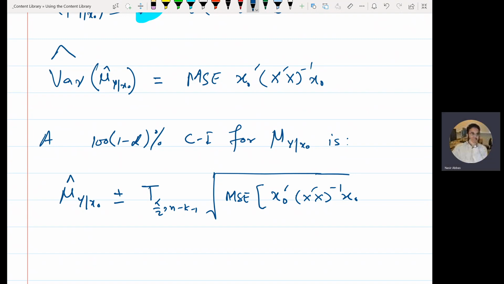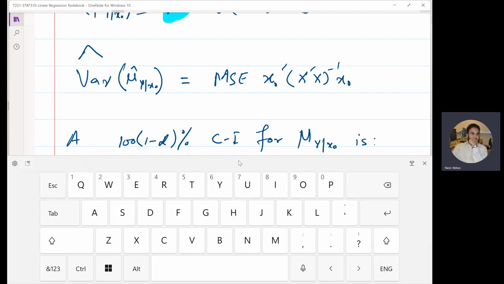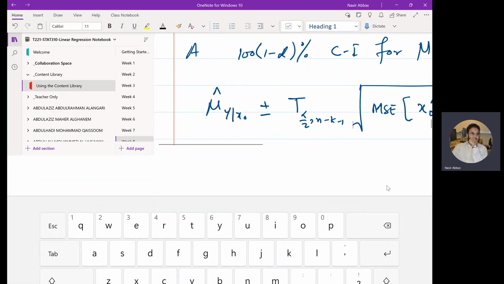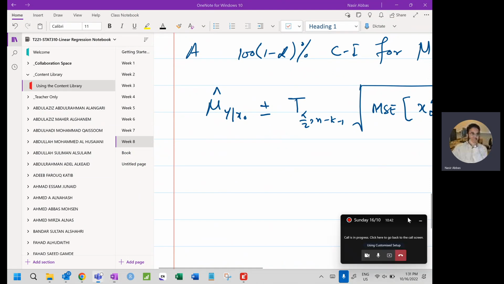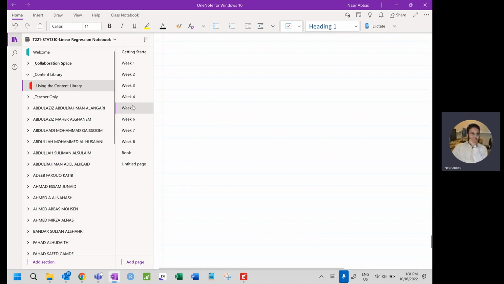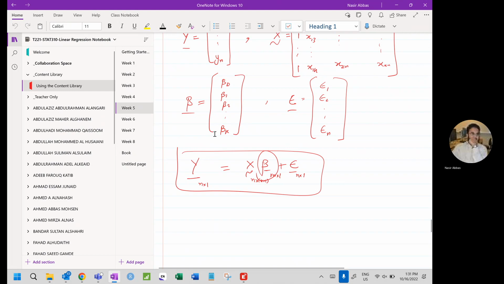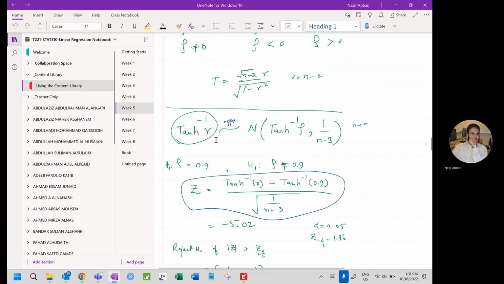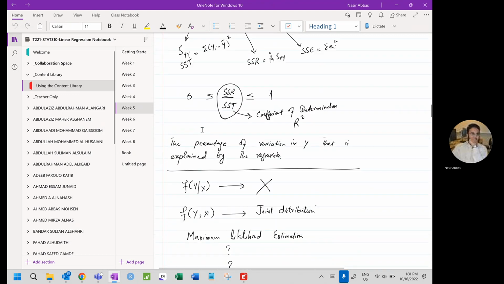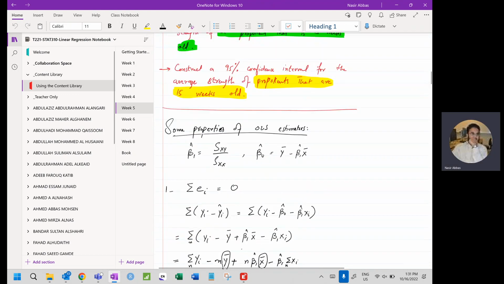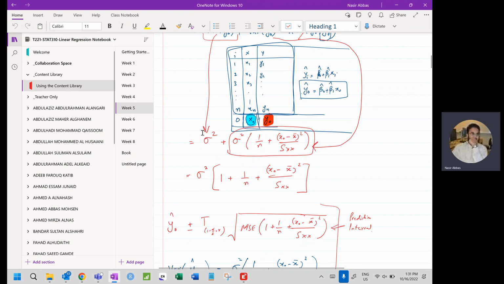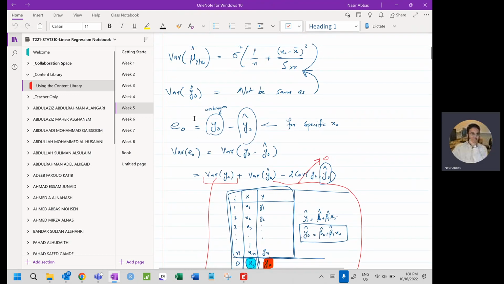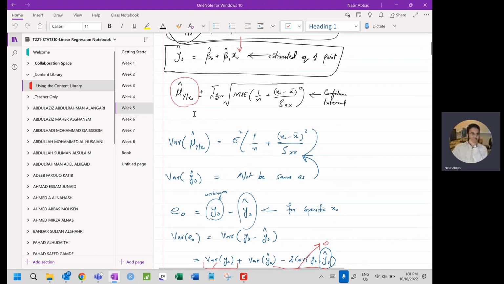Now I take you back to another derivation that we did for the simple linear regression, and I will copy paste that without a single change. This was probably week, this one here. What was the discussion?